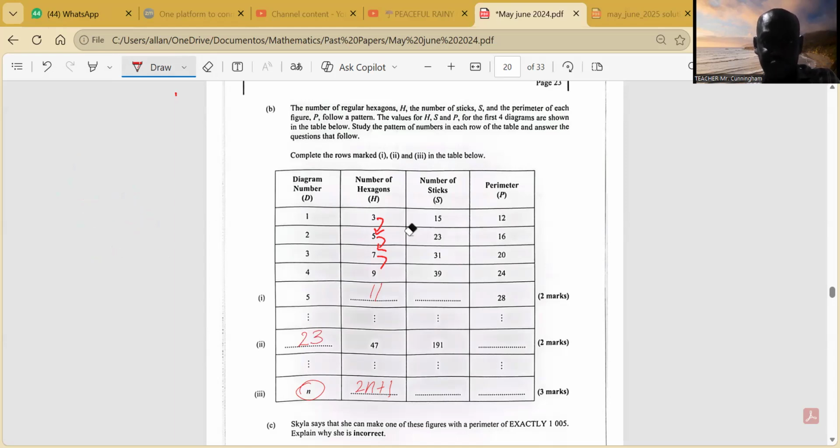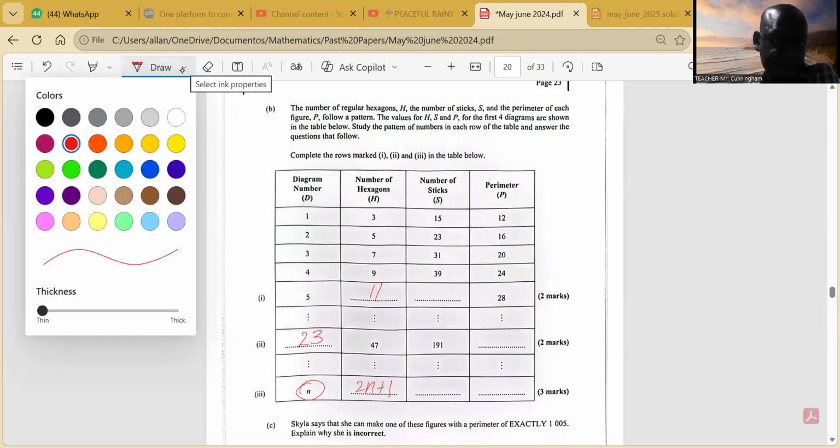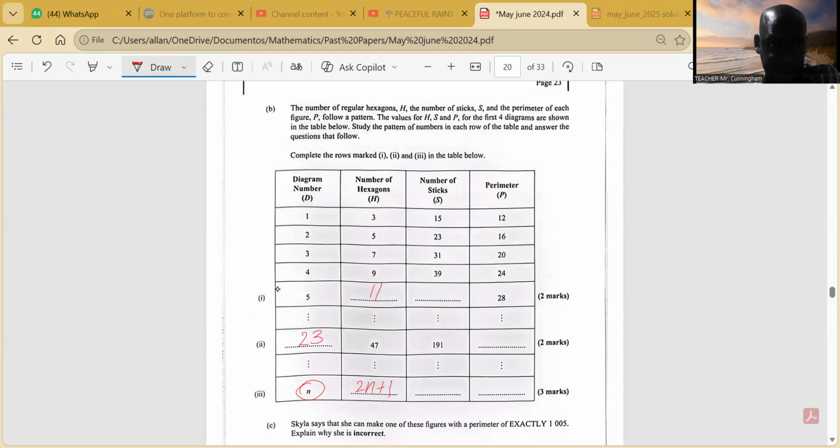Next column. What is the next column increasing by? 8, sir. It increasing by 8.